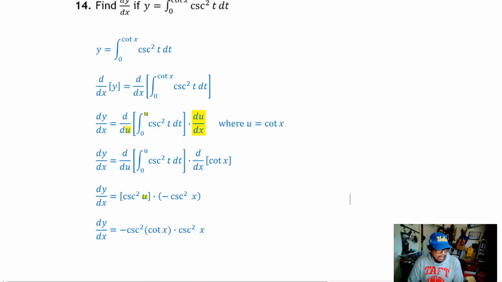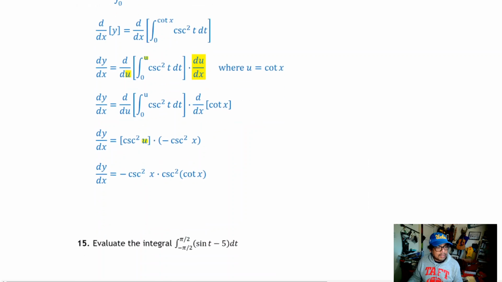And there we go. The derivative of y with respect to x is negative cosecant squared of cotangent x multiplied by cosecant squared x. Using the commutative property, you can make that look a lot like the answer key. So negative cosecant squared x multiplied by the square of cosecant of cotangent x.